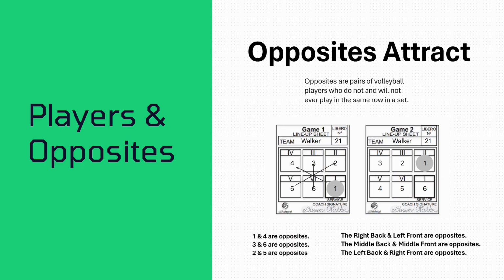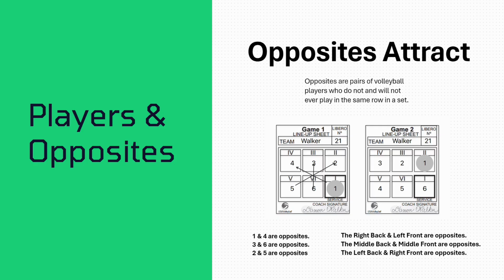The two middles are opposites. The middle back and the middle front are opposites. In this example where Team Walker is serving, 3 and 6 are opposites. And the left back and the right front are opposites. In this example, that would mean that 2 and 5 are opposites.